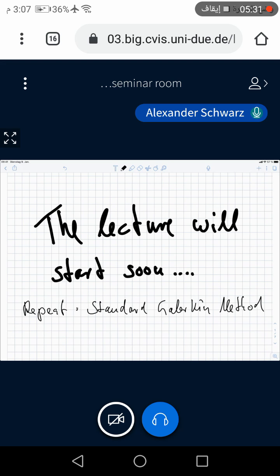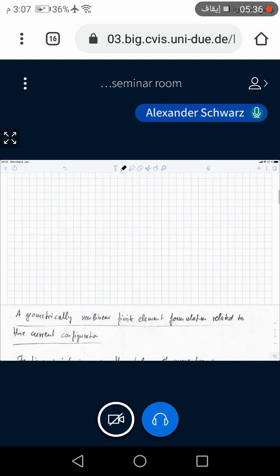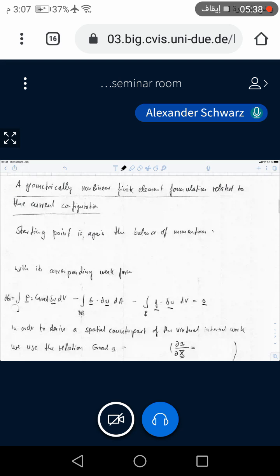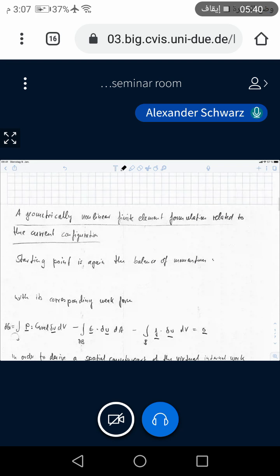Okay, today, the standard Galerkin method is the method that we always use in FEM. Today, we are talking about a so-called geometrically nonlinear finite element formulation related to the current configuration. To give some words before on what we have done so far, we have related ourselves to the reference configuration.